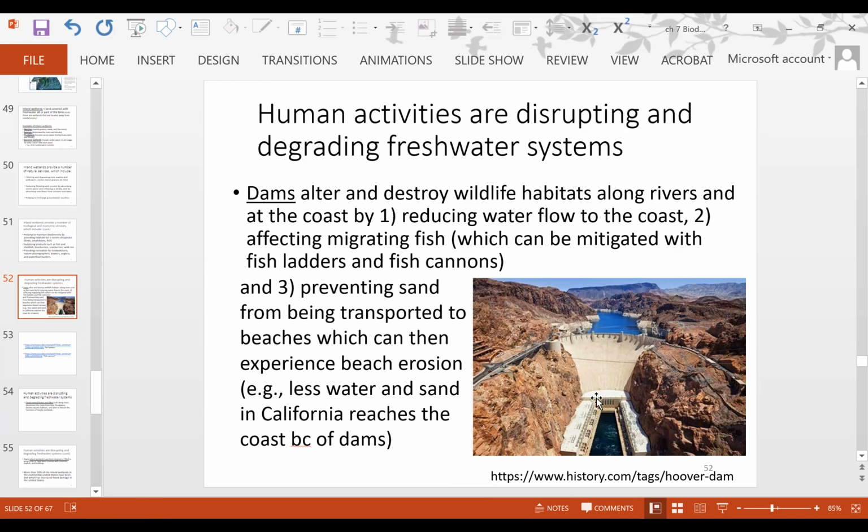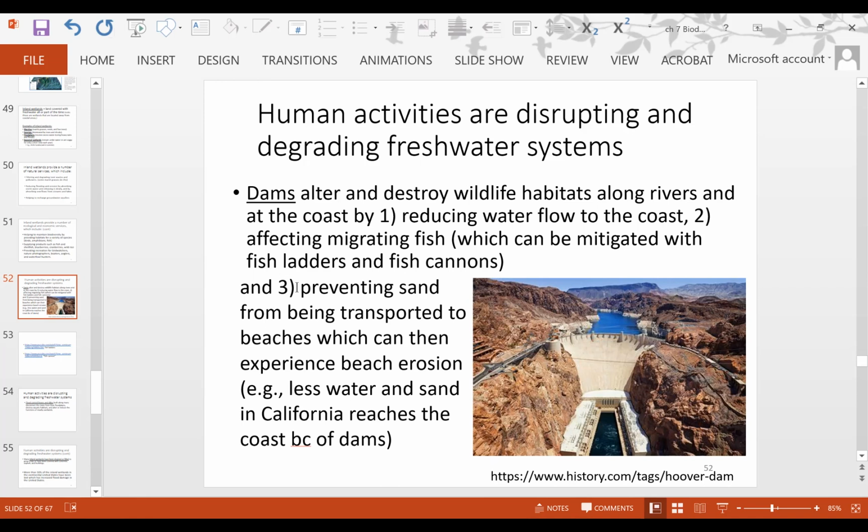Also, it affects migrating fish because the fish can't migrate if there's a dam there. That problem can be mitigated with fish ladders and fish canyons, which I have a couple of videos in a minute that you could watch.